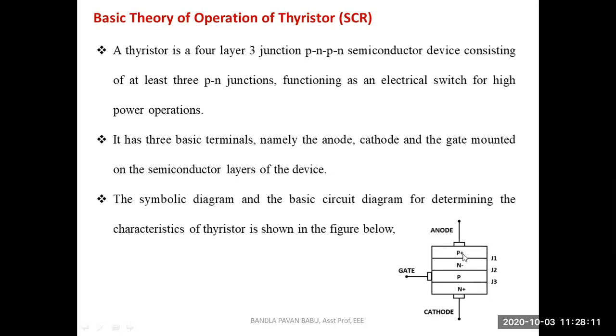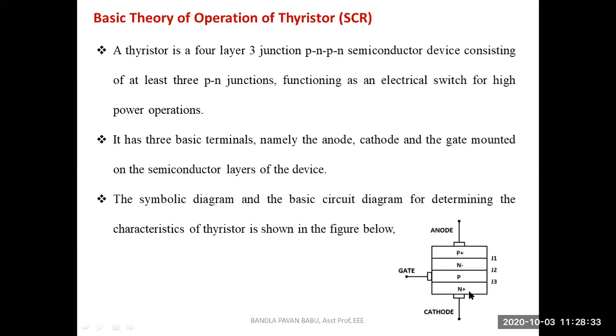Four layers, that is PNPN type, and the junctions are J1, J2, and J3. Between the PN layers there exists a junction, so three junctions exist, and these are the four layers.